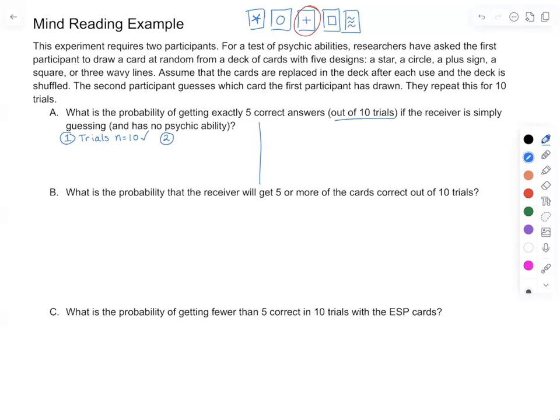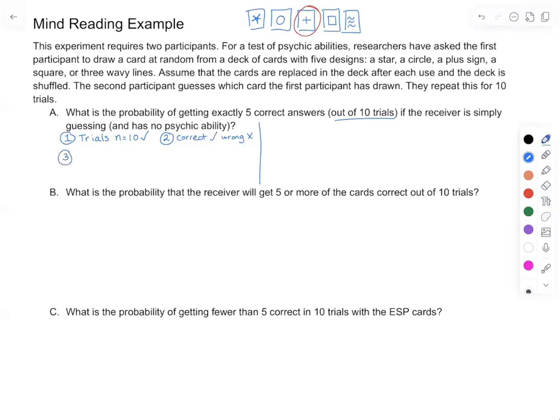Did they get the right card or not? They're either correct, they say you have a plus, and that was the card I pulled, which would be one option. Or they get it wrong. They said you have a square, and I'm holding the plus. That would be wrong. So those are the only two outcomes we're focused on here.